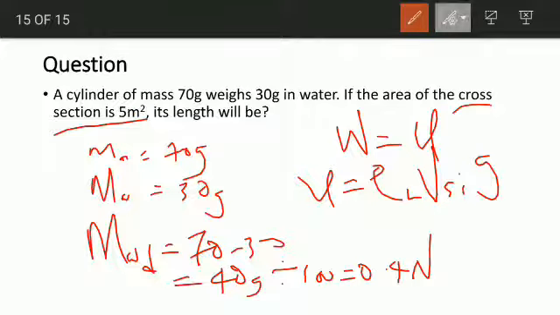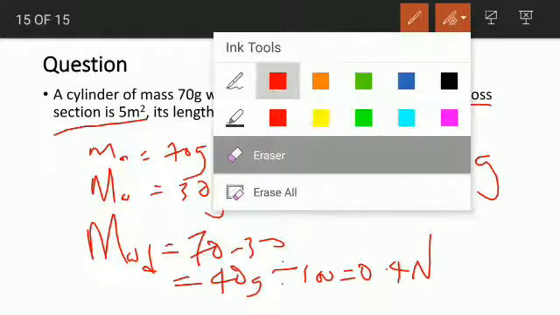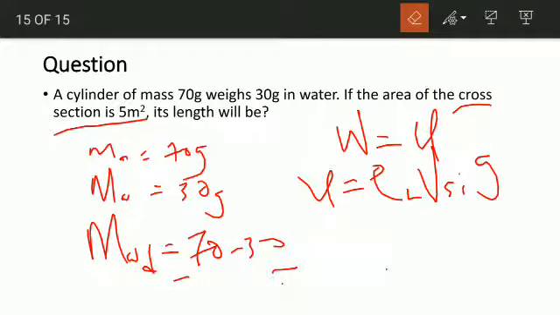But in this case, we are not given the volume of solid that is immersed. Let's erase this.